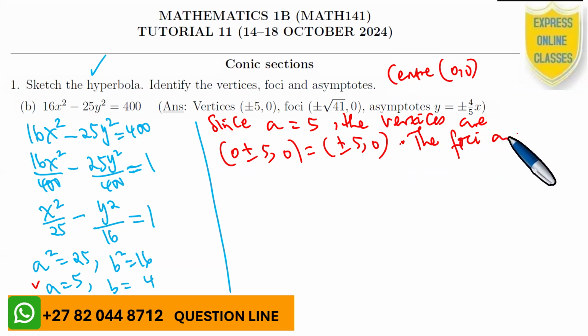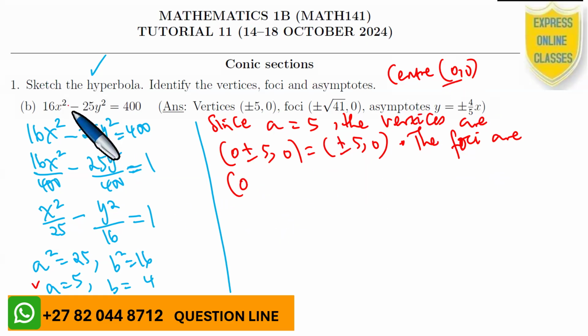The foci are, you take the center and it's going to affect only the x.